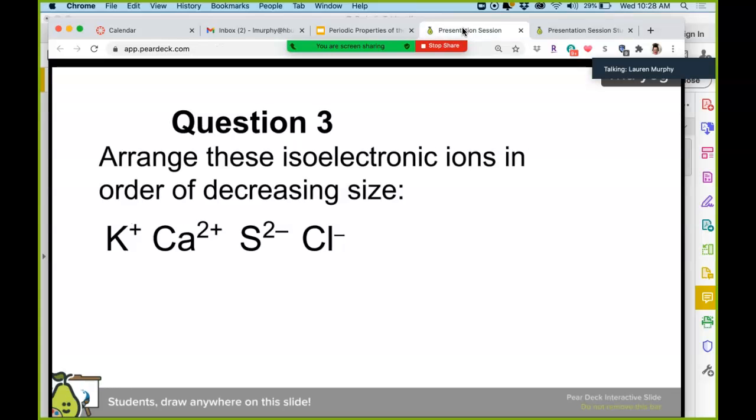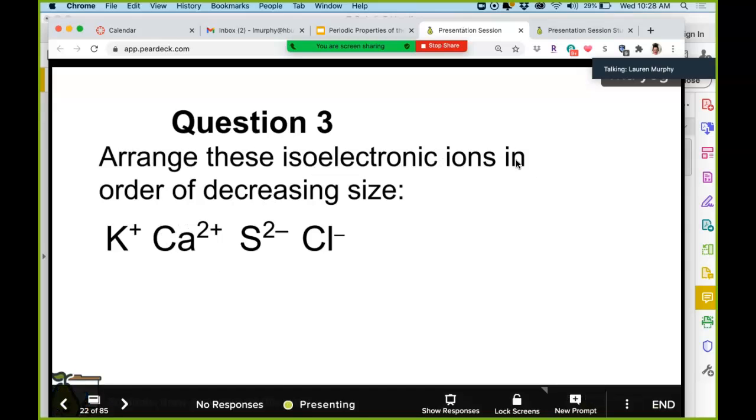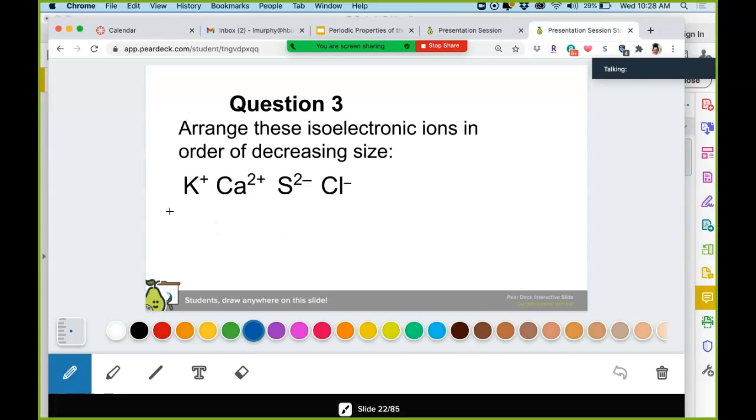All right. So look at these guys. Arrange these isoelectronic ions in order of decreasing size. So what does that mean? That means decreasing, largest radius to smallest radius.